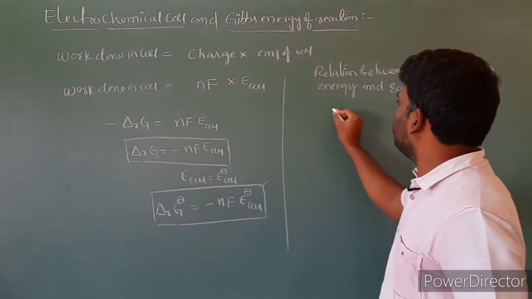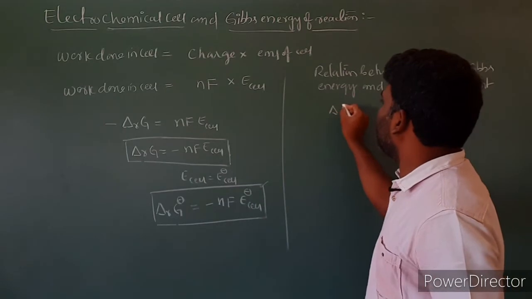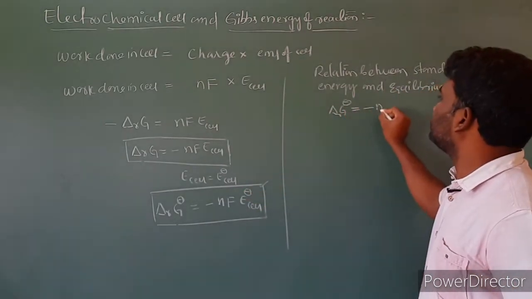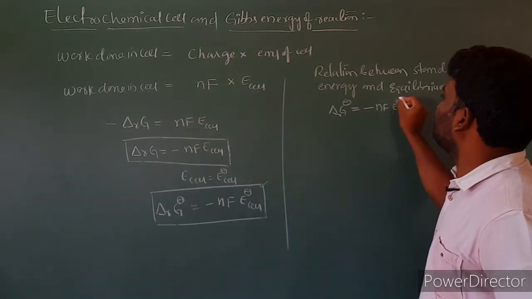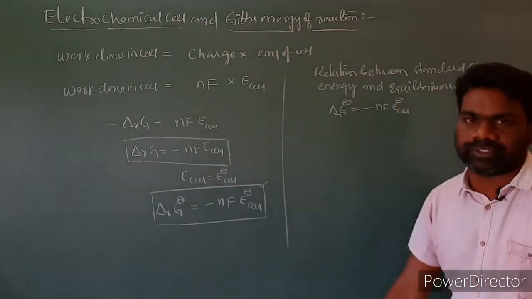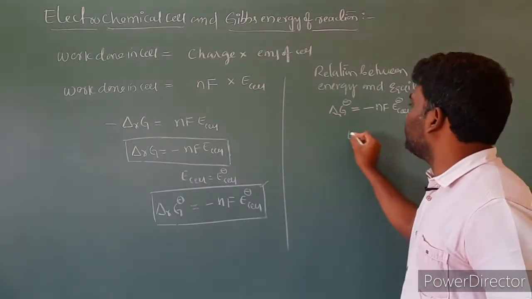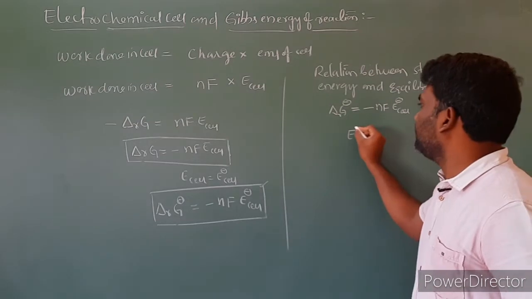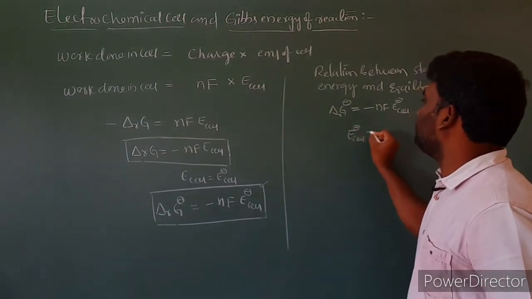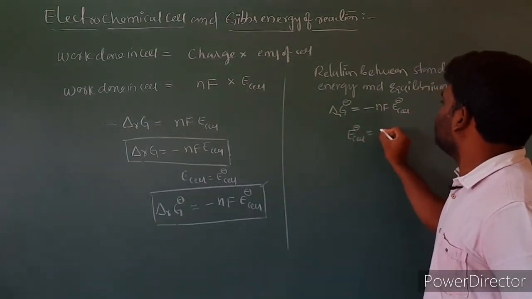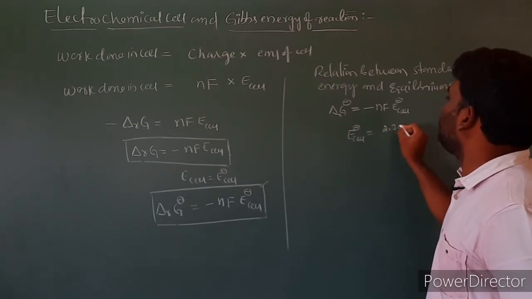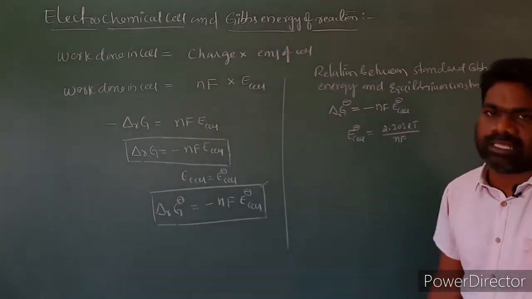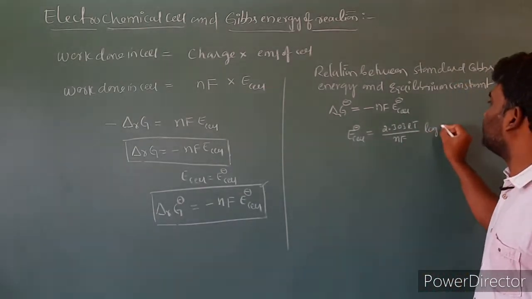So if I take this equation, delta rG at standard condition is equal to minus nF E standard cell, this is equation 1. And previously we derived the relationship between the standard potential of the cell and the equilibrium constant. What is that equation? E standard cell is equal to 2.303 RT by nF log Kc.